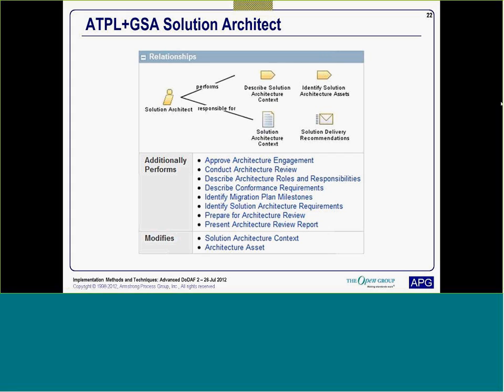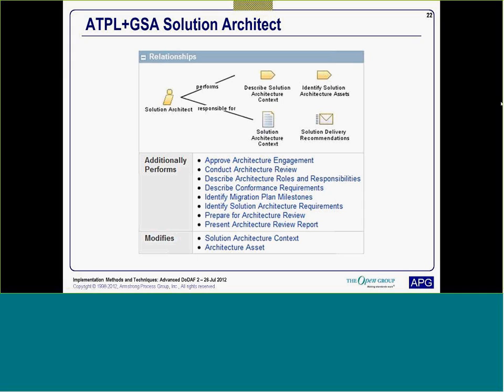So again, this is a role, not necessarily a full-time job, but it's important to know what side of the fence you're on, whether you're representing EA, solution delivery, or somewhere in between, which is where this role fits. So two primary responsibilities are to describe the architecture context of the solutions to those projects, as well as identifying which architectural assets the project should exploit and possibly need to build or refine as part of their implementation.